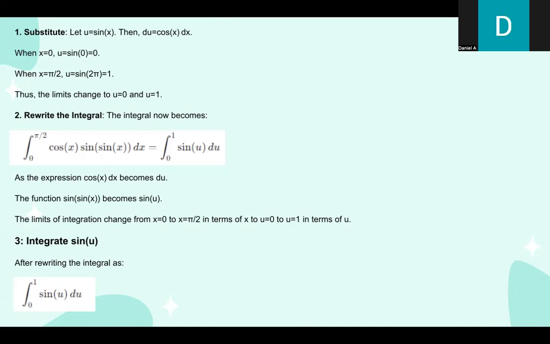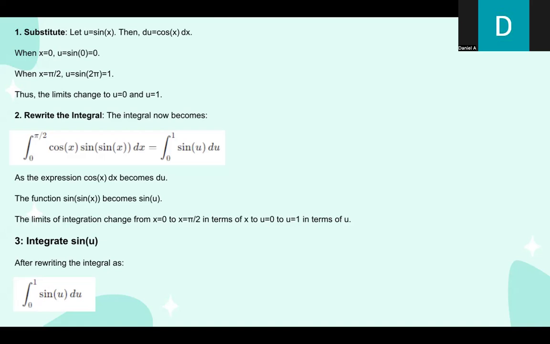When x equals 0, u equals sine of 0, which equals 0. When x equals pi over 2, u equals sine of pi over 2, which equals 1. Thus, the limits change to u equals 0 and u equals 1.